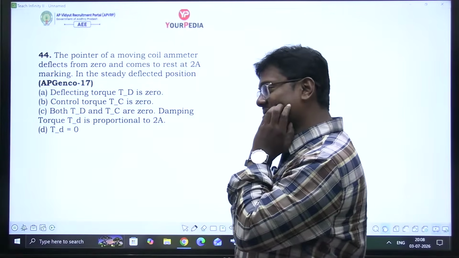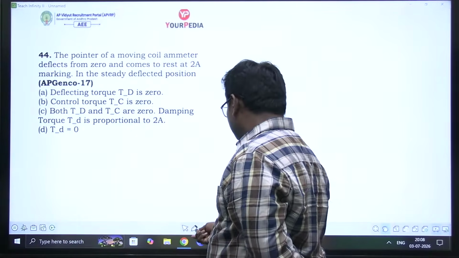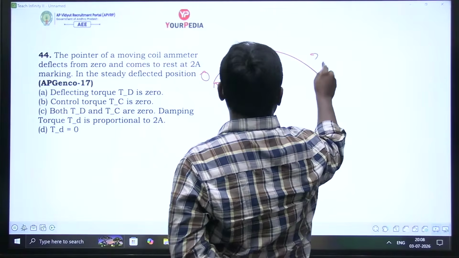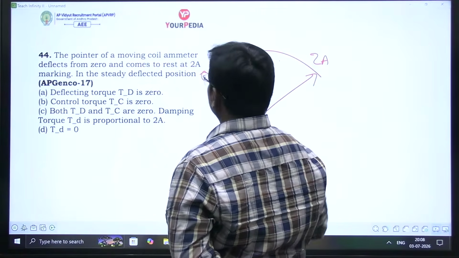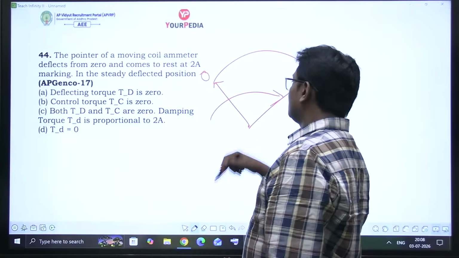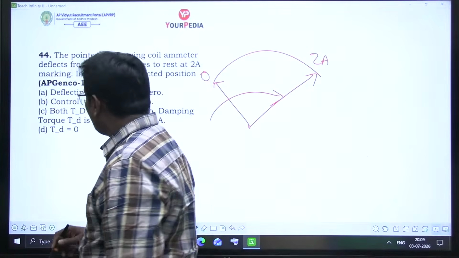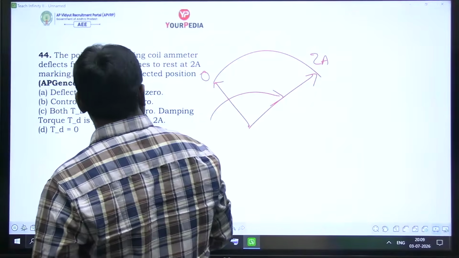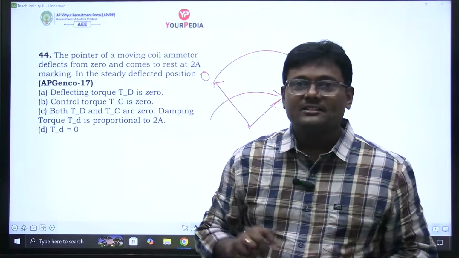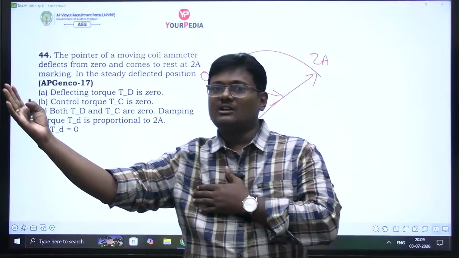See, just now I told which torque is 0. Rest at 2 amperes marking. So the maximum value is 2 amperes. It directly comes to the final position. Which torque is 0? If we want to push the pointer, deflecting torque is required, the force required to move the pointer.